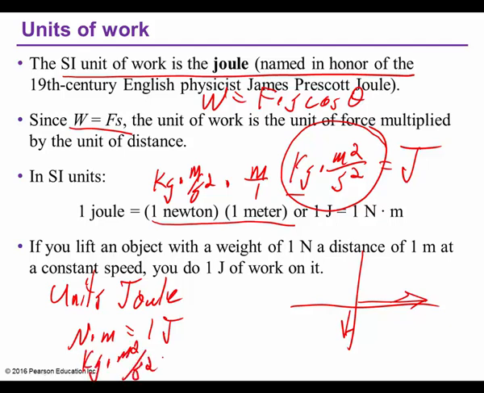Because when we do 1/2 mv squared, kilogram times velocity squared, velocity is meters per second, and you square it, it becomes meters squared per second squared times kilogram. It becomes a joule. Same thing.